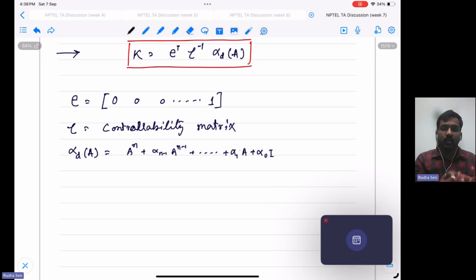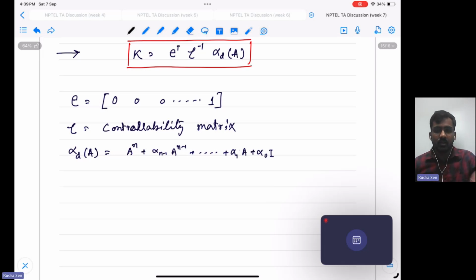Using this pole placement method, we can only shift the system poles. We can only shift the system eigenvalues. It is not possible to shift the system zeros. So we are assuming that our system zeros lie in the left half of the complex plane, with no shifting of zeros required.